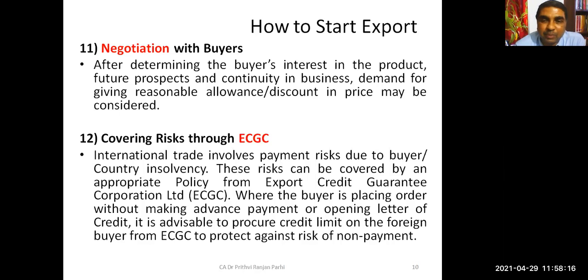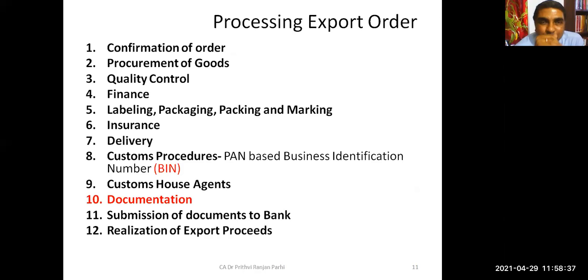We'll be visiting that website also. So they give export credit guarantee. It may be advisable for an entity to go for an ECGC policy, so that credit risk can be protected. So these are the normal processes followed in case of an export.